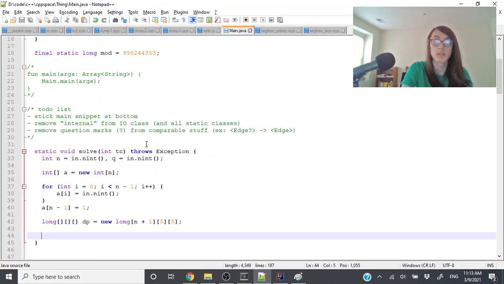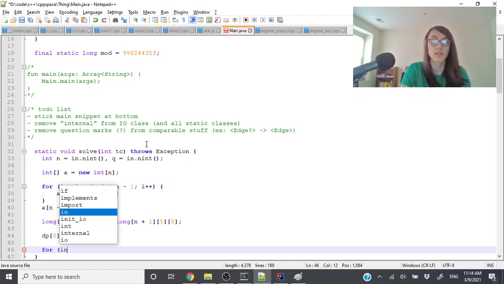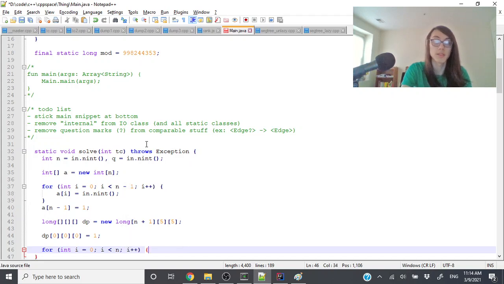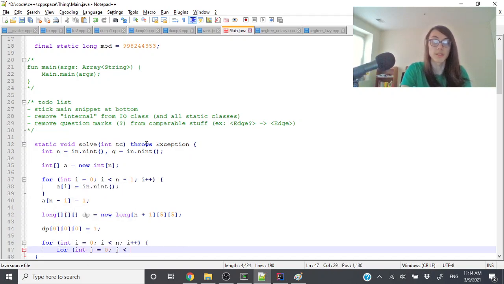So DP of 0, where the last character is 0 and 0, is 1. So for int i is 0, i is less than n, i plus plus, for int j is 0, j is less than n.